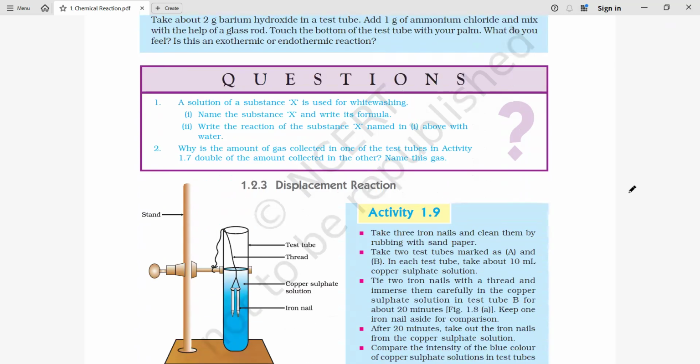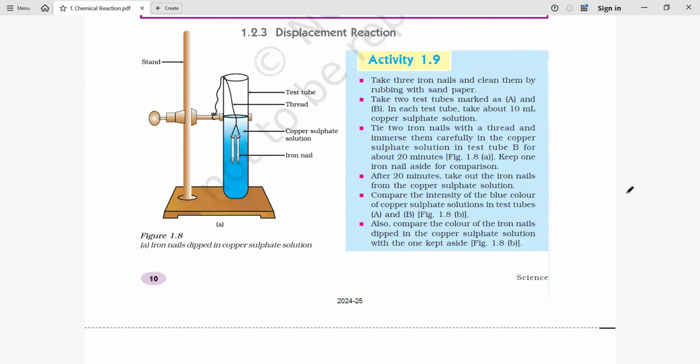Okay, so next is another type, displacement reaction. अभी तक क्या देखा हम लोगों ने? Combination reaction. Another is what? Decomposition reaction. Okay, these two we have seen. Now what we have? Displacement. Suppose for example, in the class some meritorious students are there.